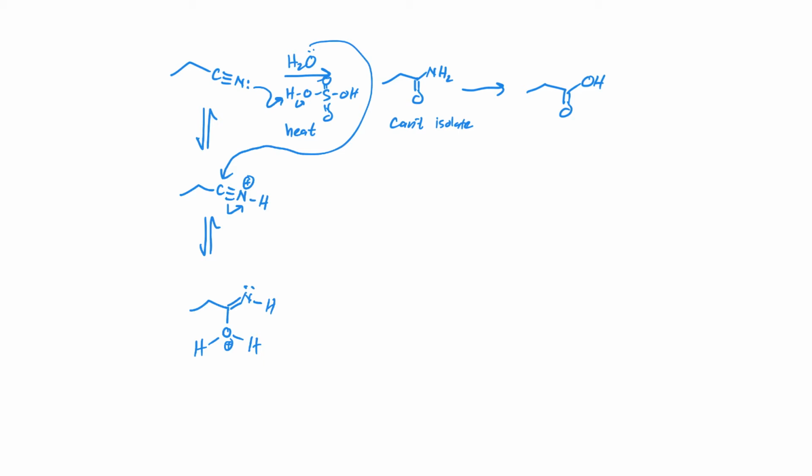So now we have this kind of interesting looking species. And remember that our goal is to basically install a carbonyl, so a CO double bond. In order to do that, I need to lose both of these hydrogens. So let's start proton transferring them away. I can use water to do that.